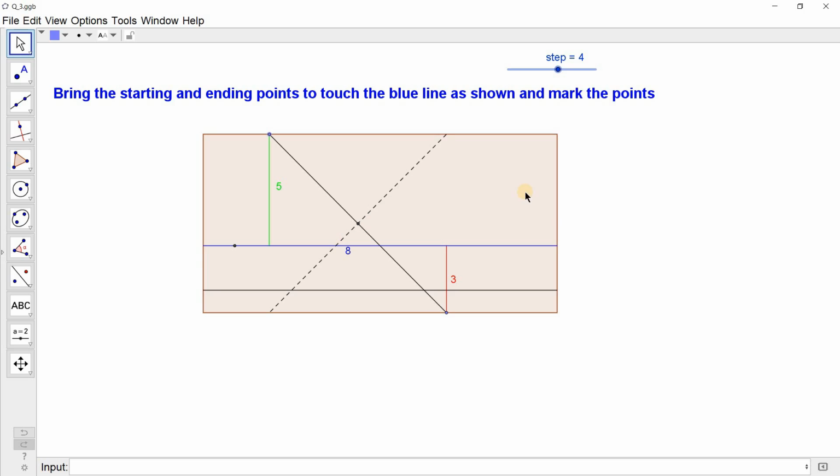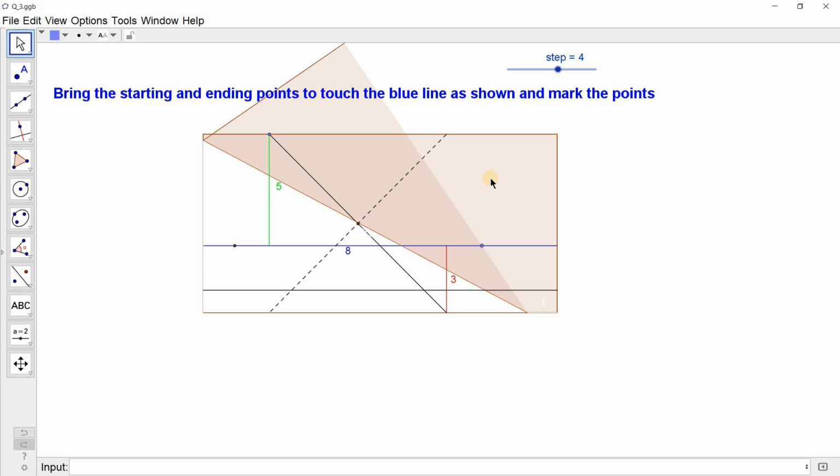Similarly, we are going to bring this point to this blue line in the similar way. Let's fold this paper, bring this to the blue line in such a way that the back part of this paper will just touch the midpoint.